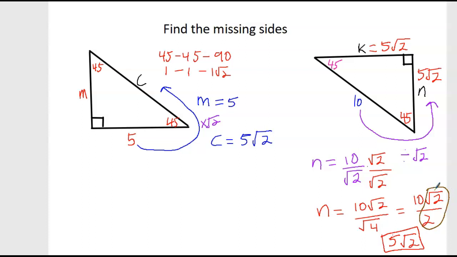Because when we rationalize square root of 2 at the denominator, we get square root of 2 divided by 2. So anytime you're looking for your 45 side, you can just multiply by square root of 2 divided by 2, and that will get you the answer. That's the right concept here.